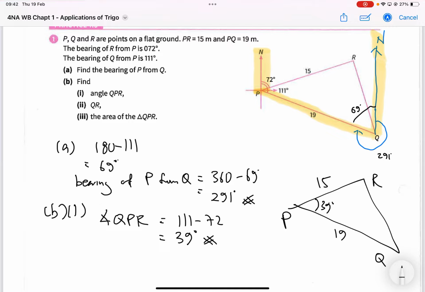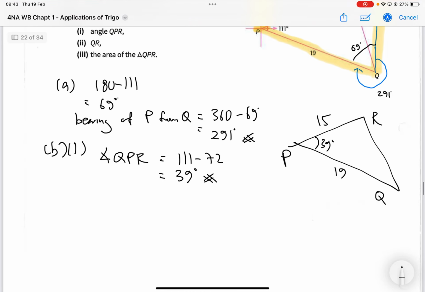But the only angle I know is 39. So I cannot use sine rule. Cannot use sine rule, use what? But the cosine rule. Use cosine rule. Okay? So for part 2, the only way I can find this QR is to use cosine rule. Cosine rule says that a squared equals b squared plus c squared minus 2bc cosine A.